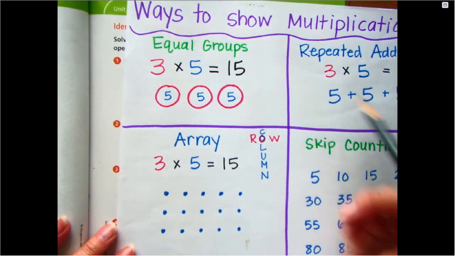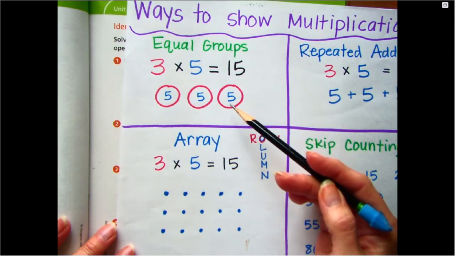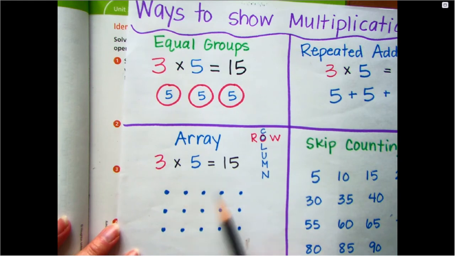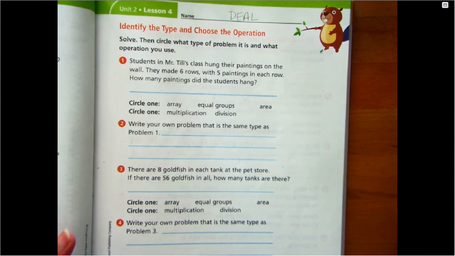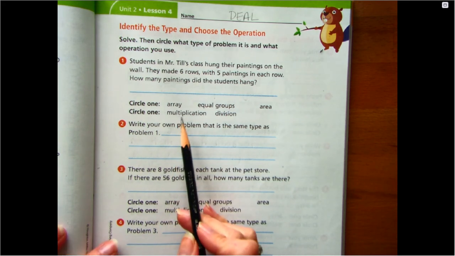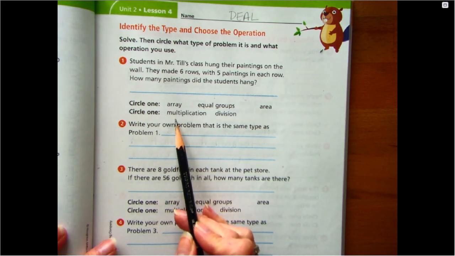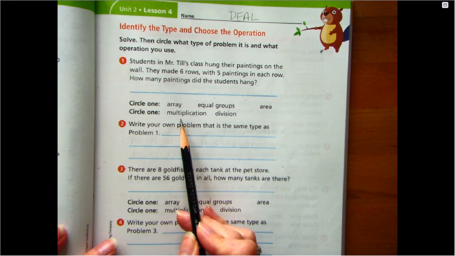Equal groups, self-explanatory. And then arrays are those ones that have rows and columns of things, or rows with the same number in each row. So you're going to have to be able to identify the type of the problem and then the operation. Remember, operations in math are multiplication, division, addition, subtraction. We're not doing any addition and subtraction right now.